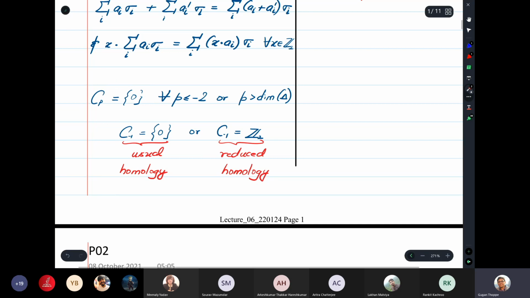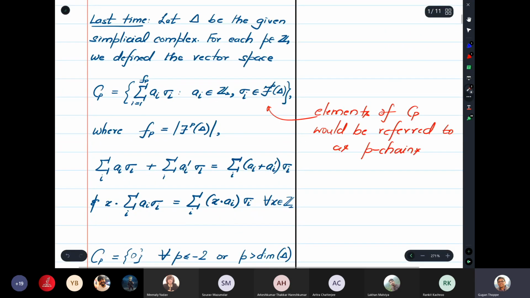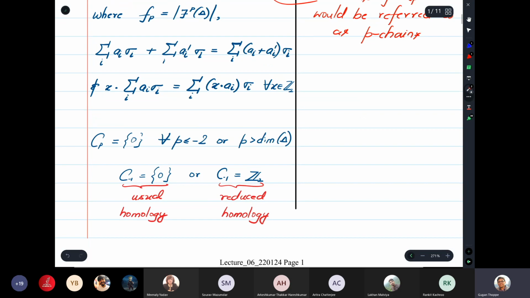The motivation will become clear over the next lecture or two. Nevertheless, the bottom line is that in the previous class, we managed to define for every integer p some vector space. Either it is defined using the faces of this simplicial complex delta, or it is said to be the trivial vector space, or in some cases it is said to be Z2 itself.